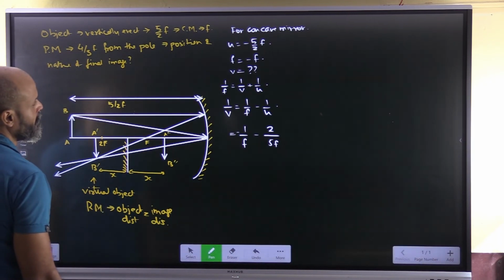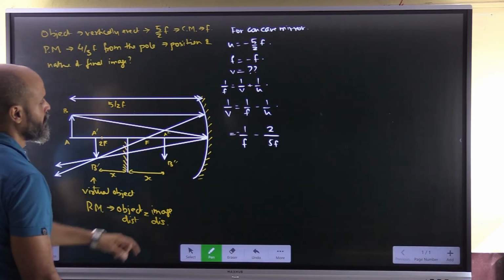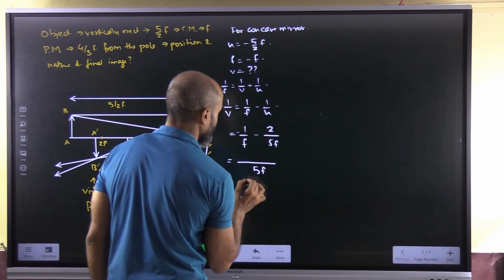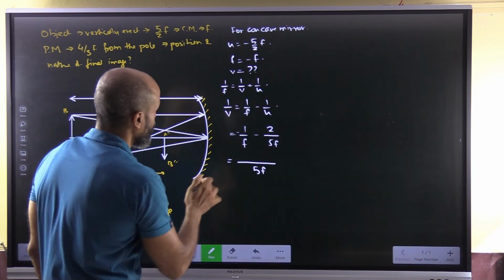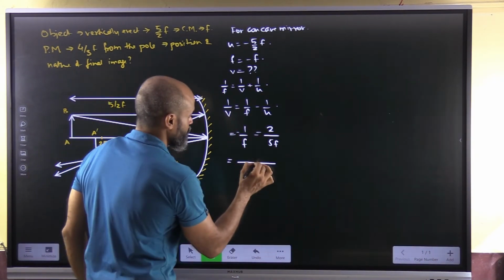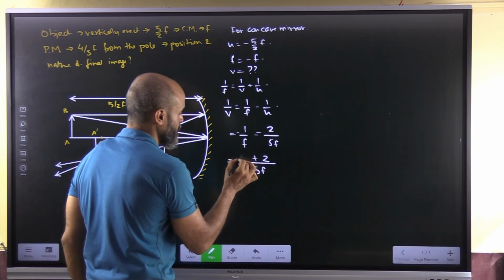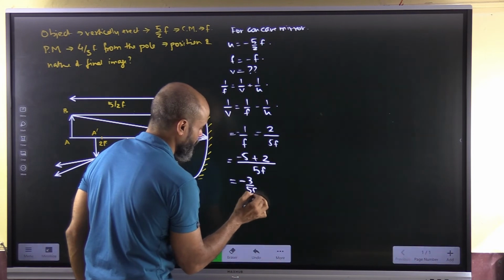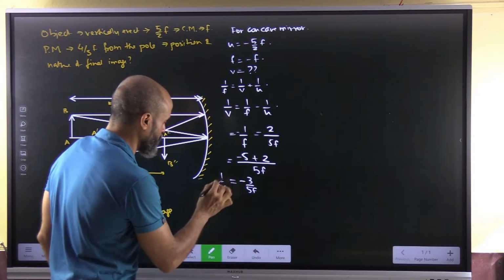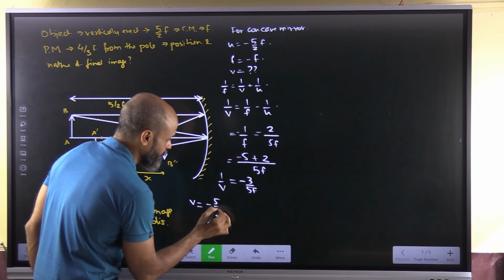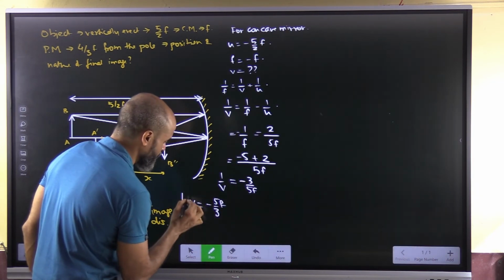So now we have here, let's say 5f, and this will be minus, so this will become plus. So this will become 2, and this will be minus 5 plus 2. So this will be minus 3/5f. So the 1/v portion, so v will be basically 5/3f.